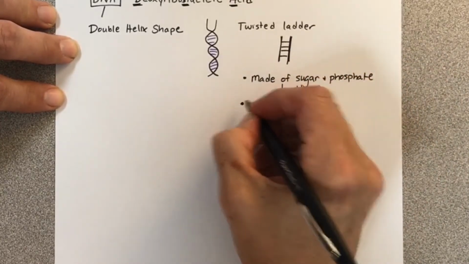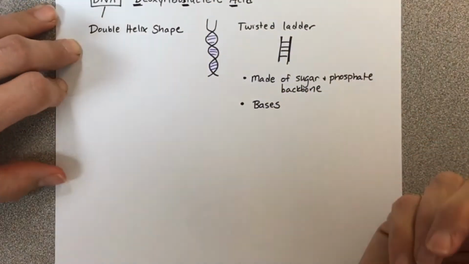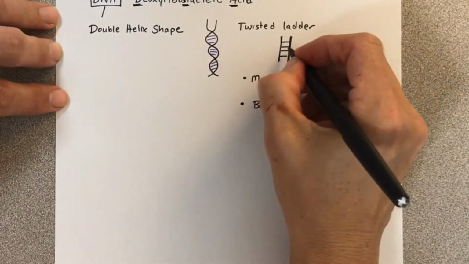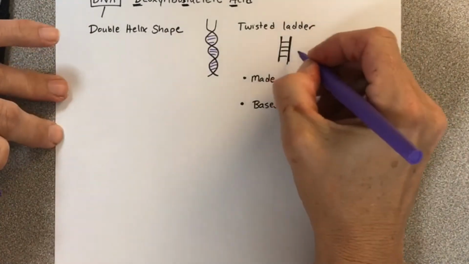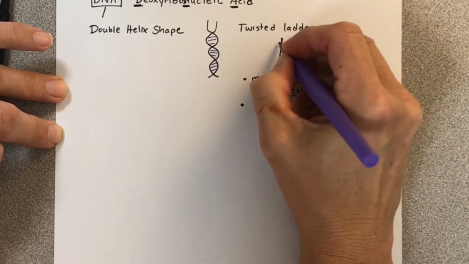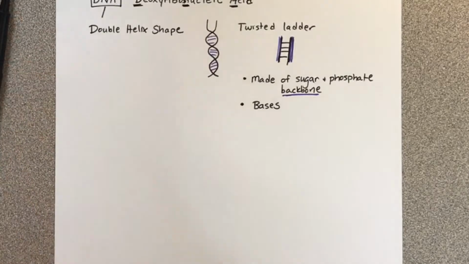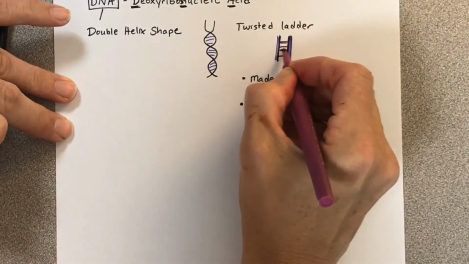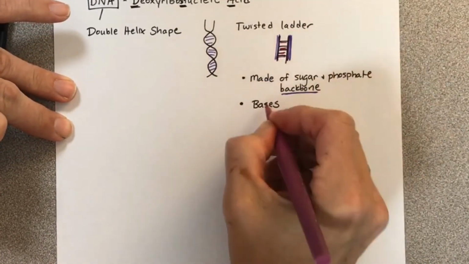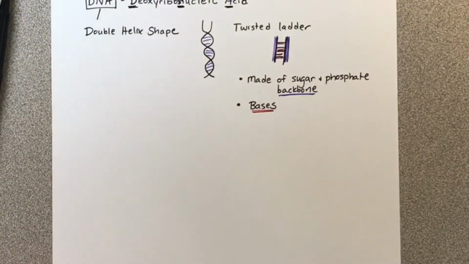And then the part in the middle are the bases. These are our base pairs. The sugar and phosphate backbone would be this part, and then the bases I'll draw in a different color, maybe this pink. These are the bases, and we'll draw another picture of this as well.